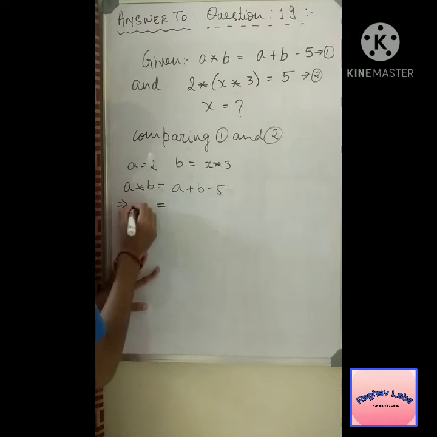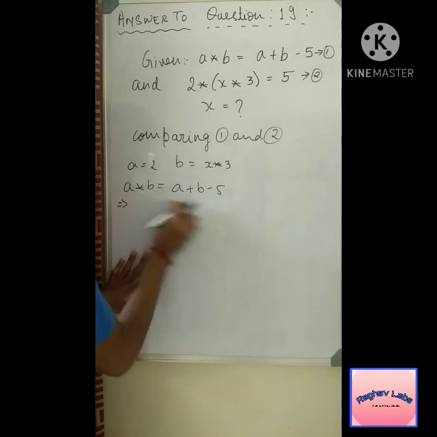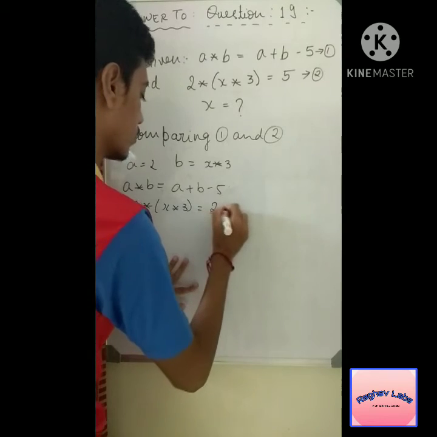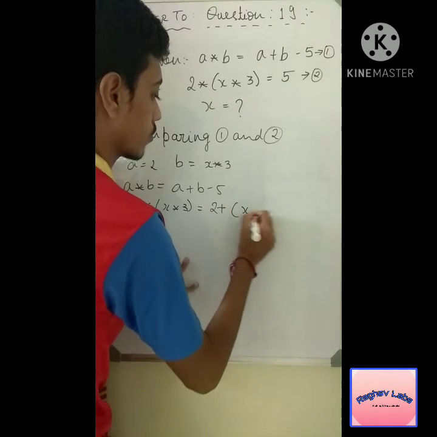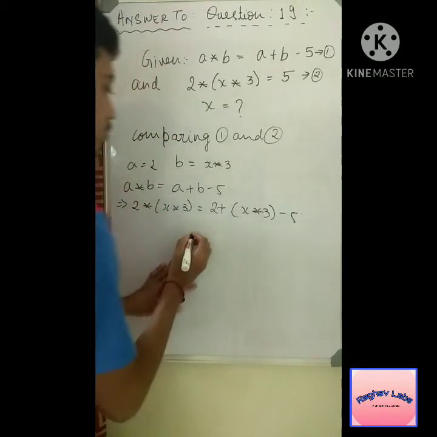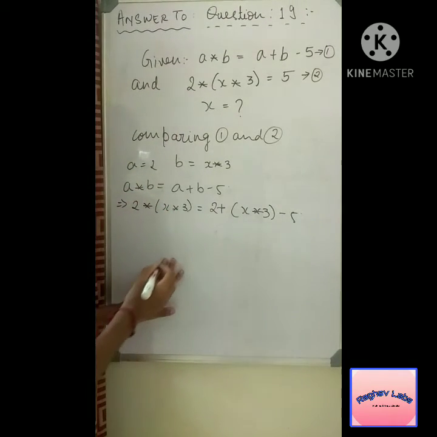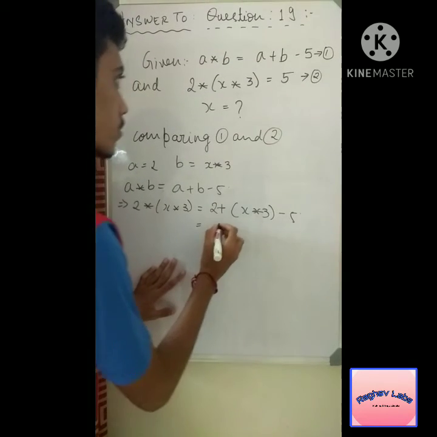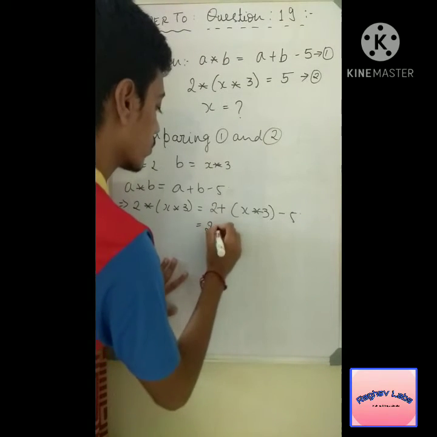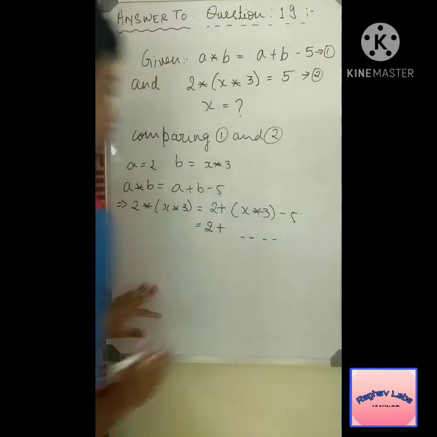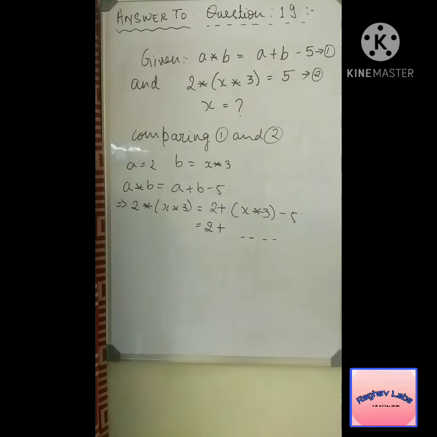Okay, let's write it once more. 2 star x star 3 is equal to 2 plus x star 3 minus 5. So, in order to simplify x star 3, we should solve x star 3 by the first equation once again, right? So, x star 3 is x plus 3 minus 5.